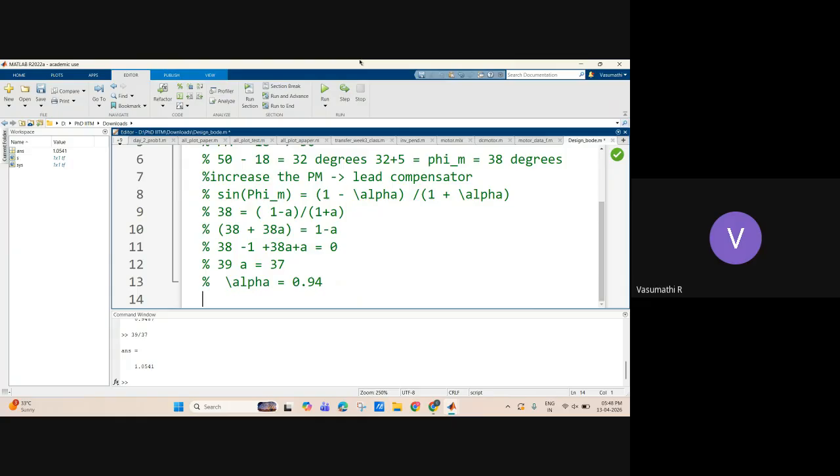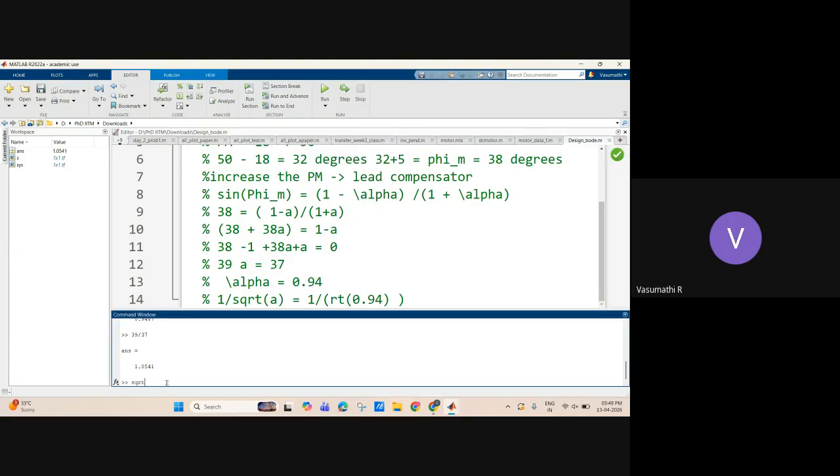First, we need to find where your maximum phase lead is acquired. The maximum phase lead will be acquired at the crossover frequency. How to find the crossover frequency: 1 divided by the square root of alpha, that is A. So it will give you 1 divided by root of 0.94, that is the square root of 0.94, 0.96.